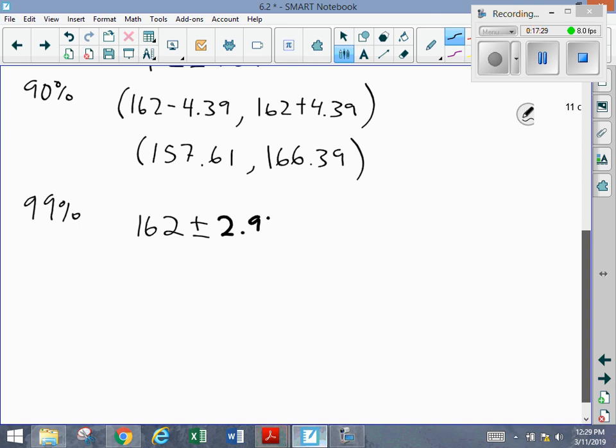So 2.947 is the critical value, and then that's multiplied times the standard deviation of my sample divided by the square root of the sample size. So this is going to be 162 plus or minus. Let's calculate that: 2.947 times 10 divided by 4, which is 7.368.